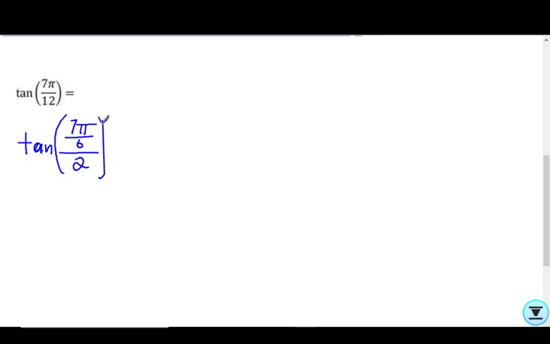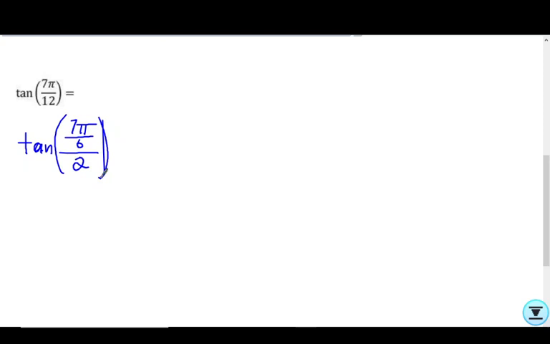Well, is this angle double one of my unit circle values or half of one of my unit circle values? Okay, so think of it this way. This is, again, like the last one, tangent of 7 pi over 12, which is the same thing as 7 pi over 6 divided by 2. So we can use the half angle identity for tangent.